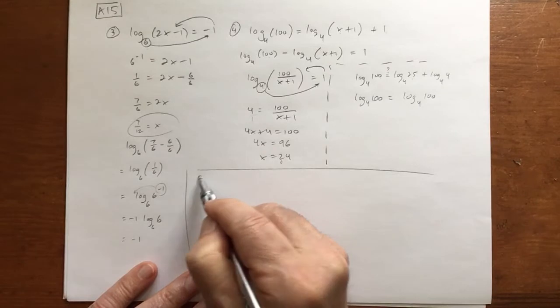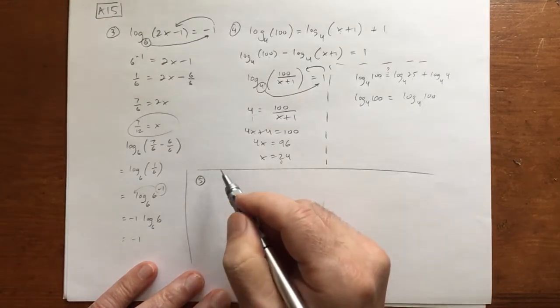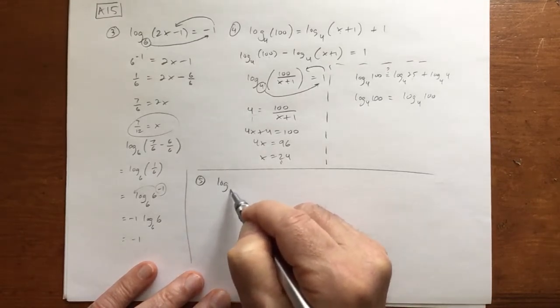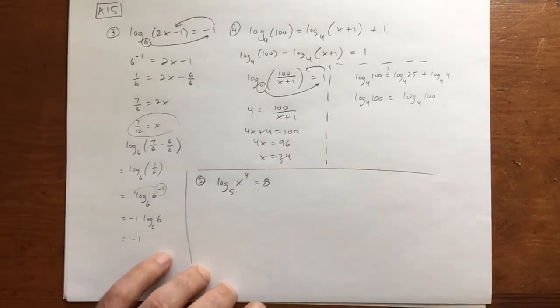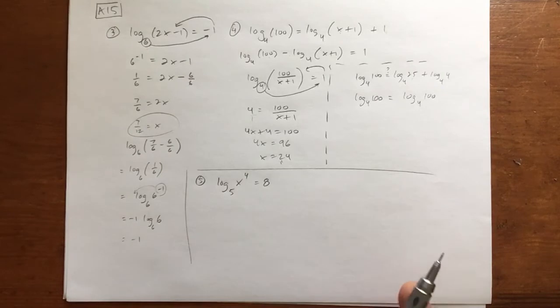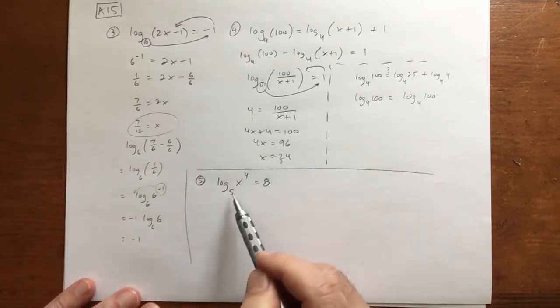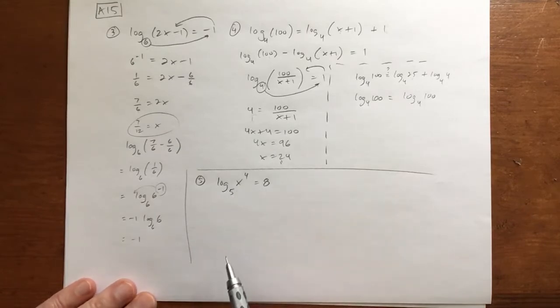Let's try another one. So here, there are a couple ways we could do this. I'll show you both. Actually, there are probably many ways to do it, but the simplest way for this. Okay, the difficult way, the gut instinct is to say 5 to the 8th equals x to the 4th. And we'll do that in a second here.